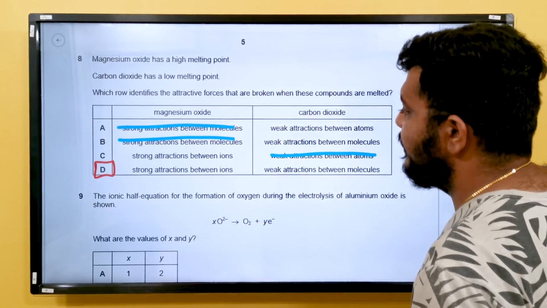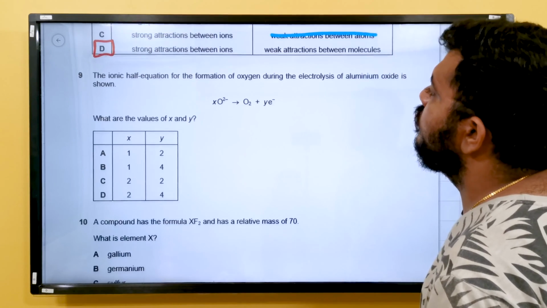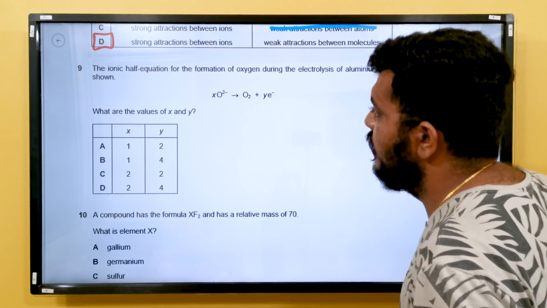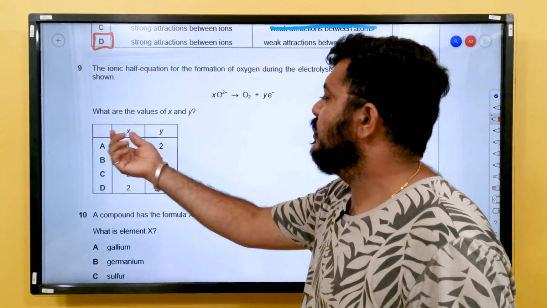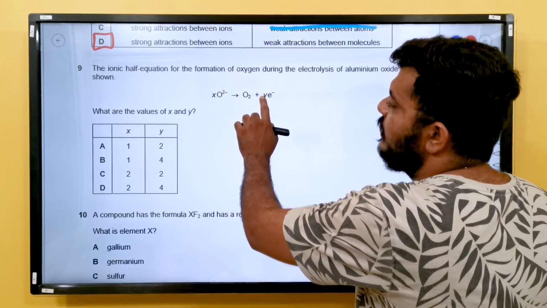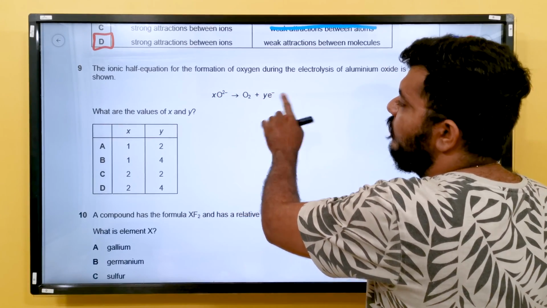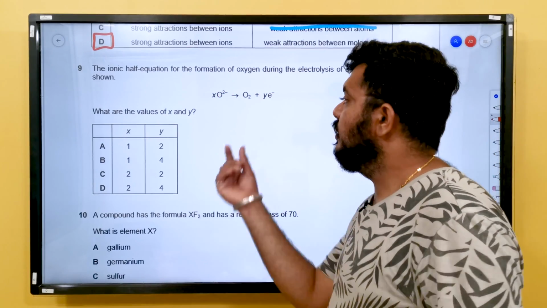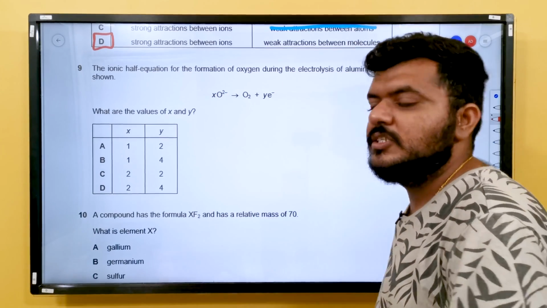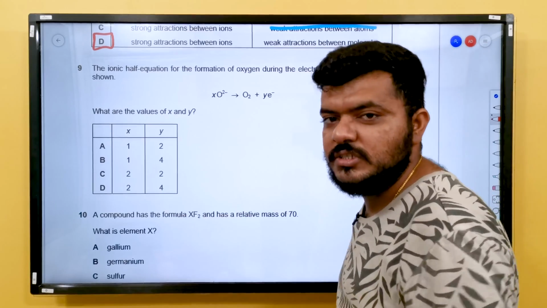Okay, next, the half equation for formation of oxygen during electrolysis of aluminium oxide is shown. What are the values of X and Y? If XO2- forms O2 and Y electrons are given out, here we must understand that the reaction should be balanced, and they are asking us how to balance this reaction.